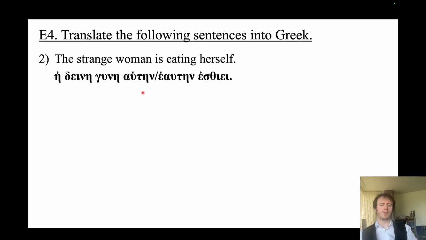But the crucial point with regard to our focus was saying heautēn or hautēn for herself, because we want the reflexive version of αὐτος, that is heautēn, and we want it in the feminine accusative singular, referring back to the woman. Okay? The woman's a feminine noun, but it's accusative here because she herself is the direct object of the verb. She's eating herself, which is a very peculiar thing to do.